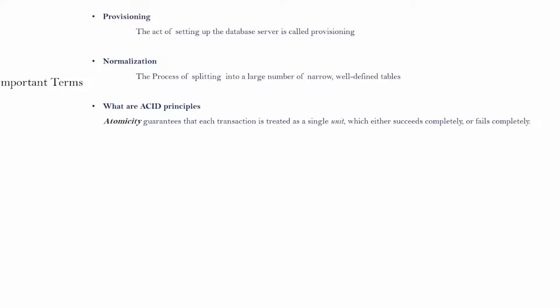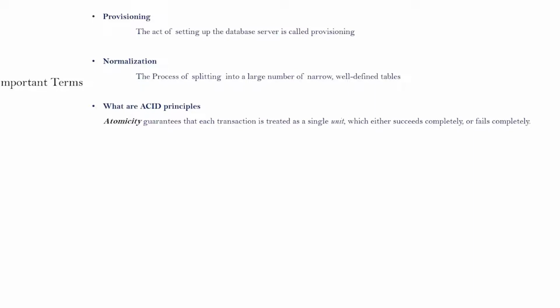A represents atomicity. Atomicity guarantees that each transaction is treated as a single unit, which either succeeds completely or fails completely. So what does it represent? Atomicity says every single row of a database is a unique entity. Let's say in some column there is a junk value or the value is not provided. Even in that case, you cannot just throw that one cell out of the database and store the rest.